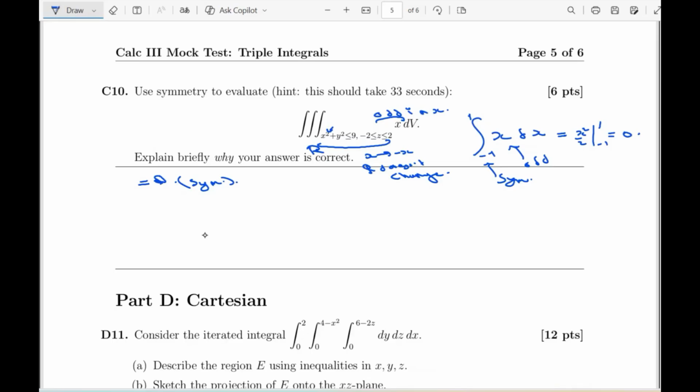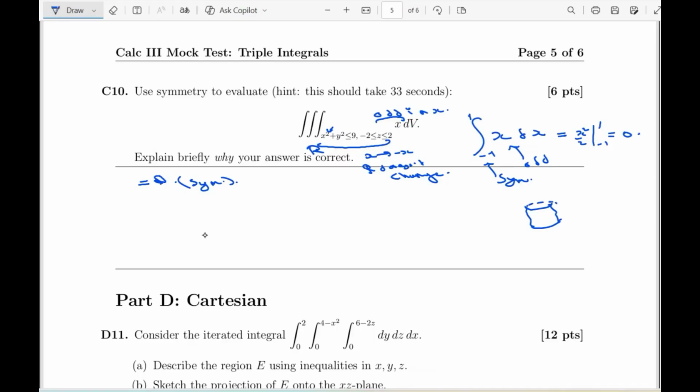And if you were to draw this, you will see that this is basically a cylinder cut by the two planes z equals 2 and z equals -2. It is indeed symmetric about the x-axis, so it's going to look something like this, and it's indeed symmetric with respect to the x variable.